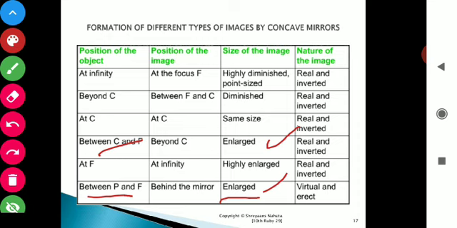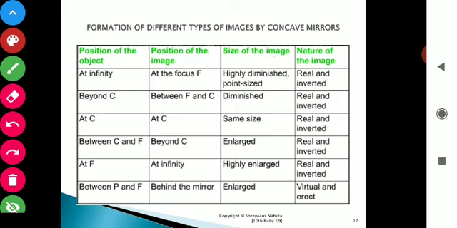In the fourth and fifth case, we also have the image size enlarged, means greater than the object. And in the first 2 cases, the image size is smaller, and in the third case, the image size is the same as the object.